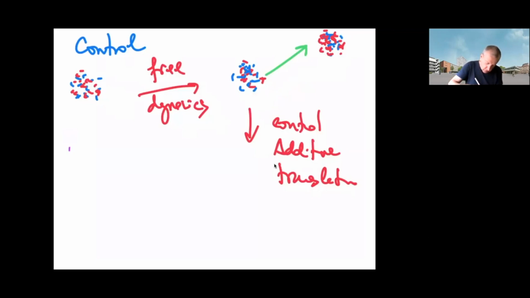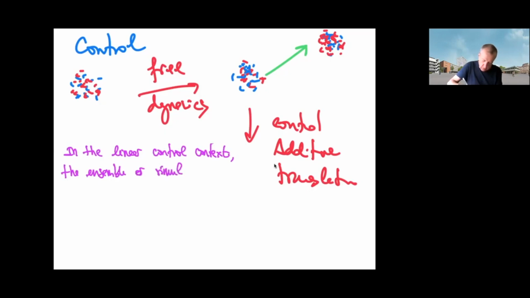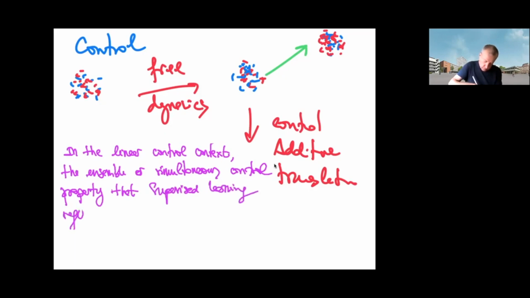in the linear control context, the ensemble or simultaneous control property that supervised learning requires is impossible.